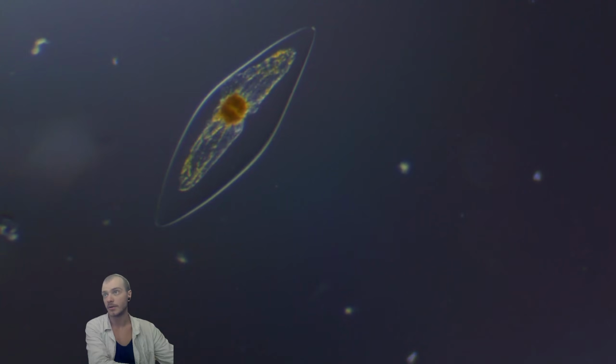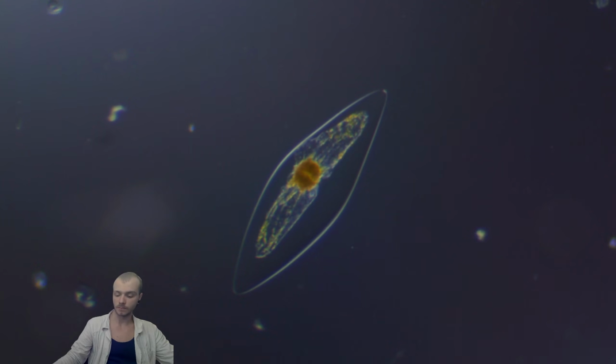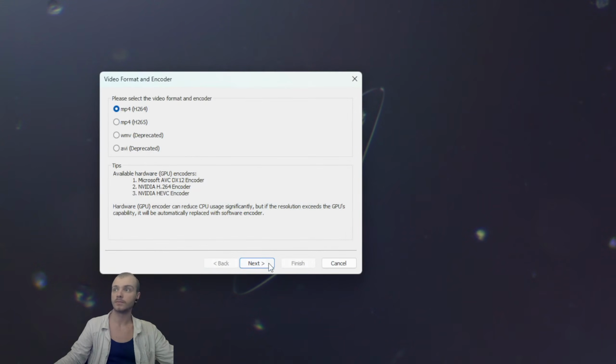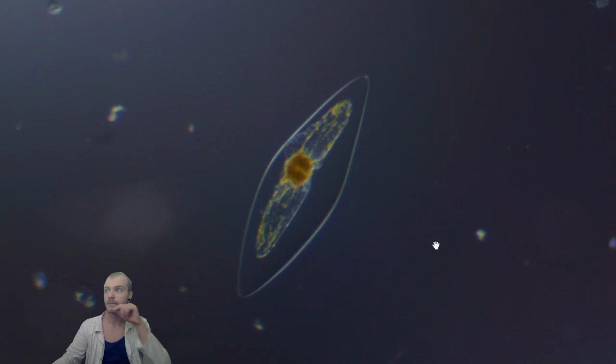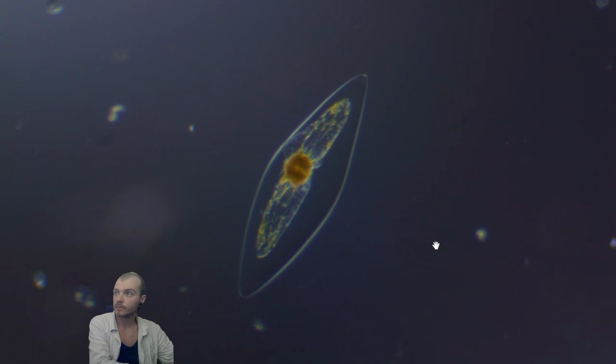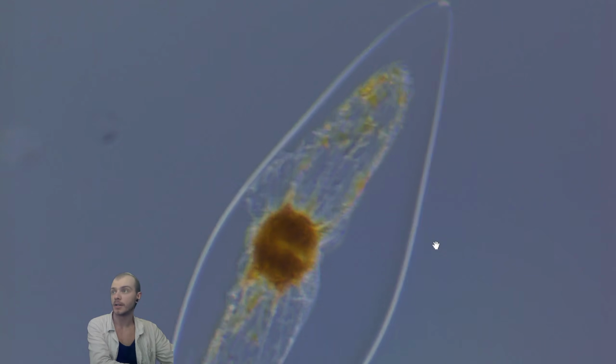This is the Pyrocystis fusiformis. So, this is like the whole cell. They are big cells.